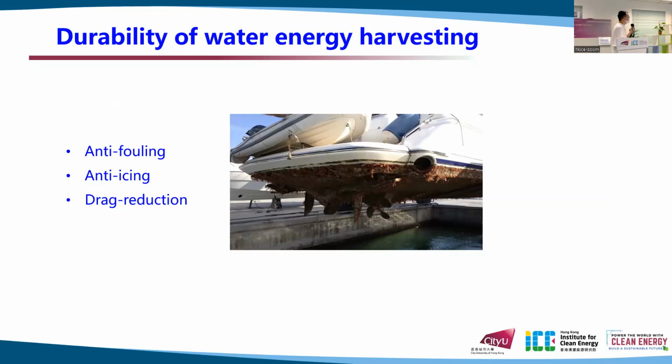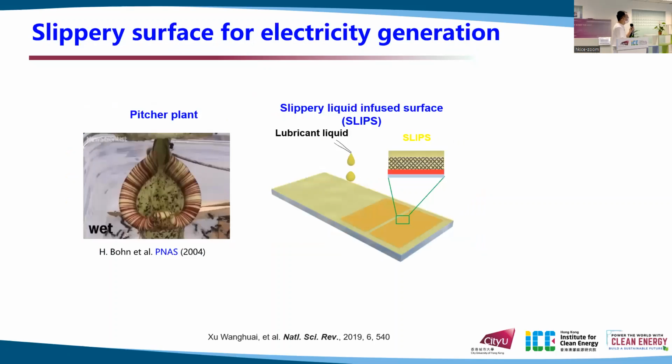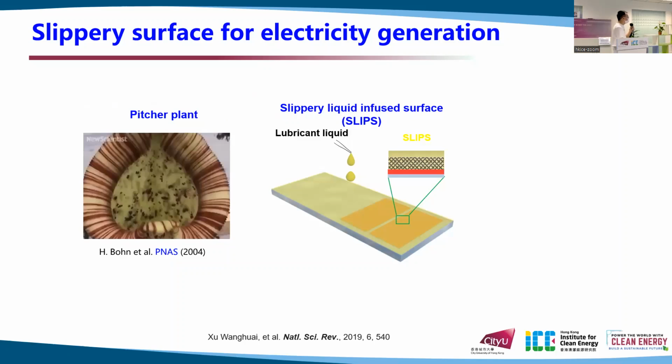We want to propose surface materials that can be anti-fouling, anti-icing, and rapid drag reduction. The natural pitcher plant gives us a solution for this. Its surface has a stable lubricated layer that can be used to catch insects. Inspired by this, we designed a liquid-infused surface, SLIPS, as the generator.